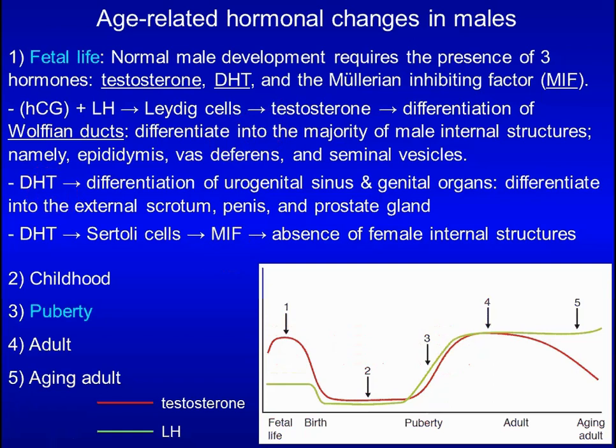Testosterone is required for differentiation of Wolffian duct into efferent ducts. DHT is required for differentiation of urogenital sinus into prostate. MIF is required for inhibition of female internal structures.